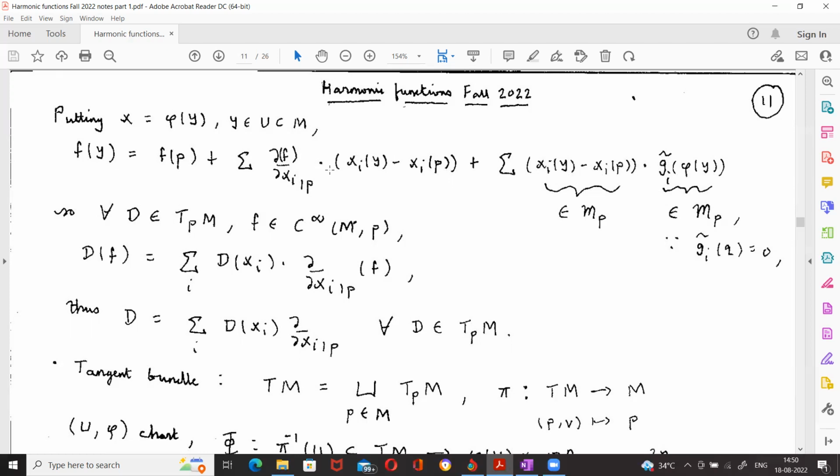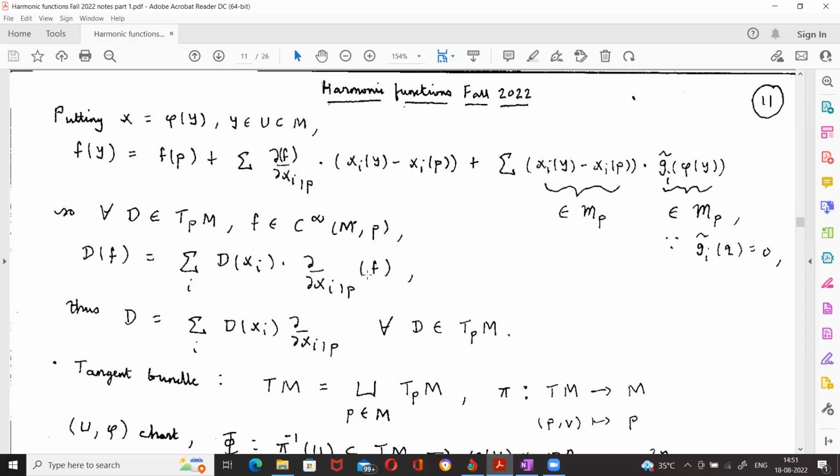And when it acts here, these del f del xi are constants, and d is linear, so these will come out, and then it's going to act on xi minus xi of p, but xi of p is a constant, so d of that will be 0. So finally, what will you get? D of f will be the sum over i, d of xi into del del xi of f, right?